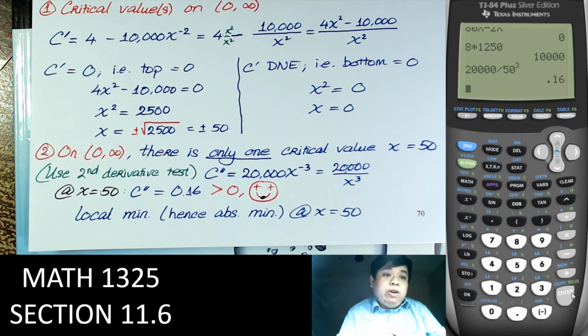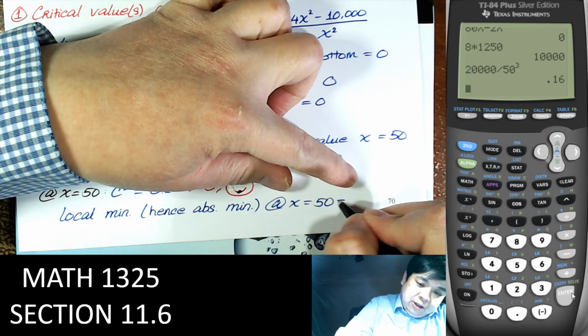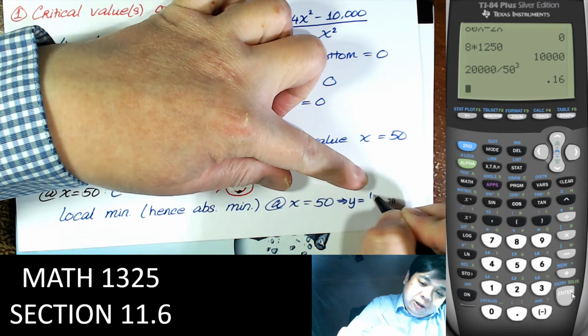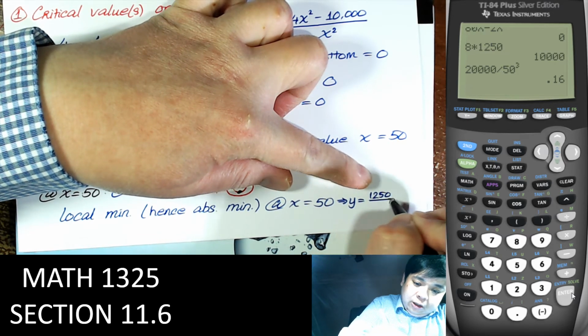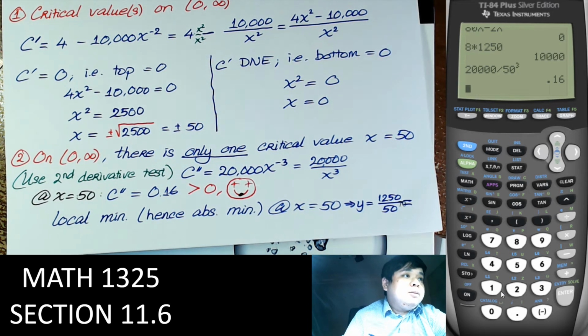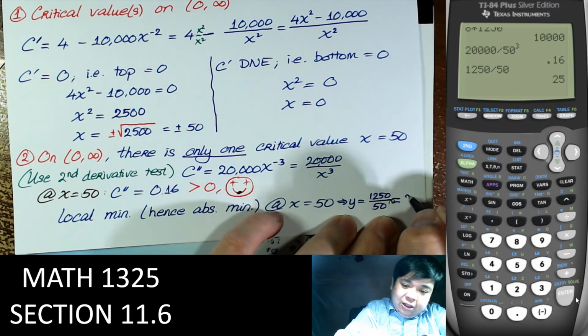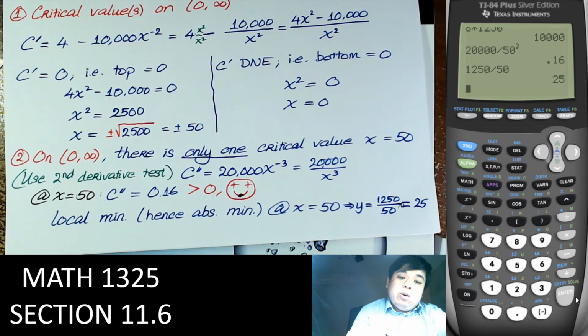Now if x equal to 50, y is equal to that. It gives us 25. So y equal to 25 feet, and x equal to 50 feet.